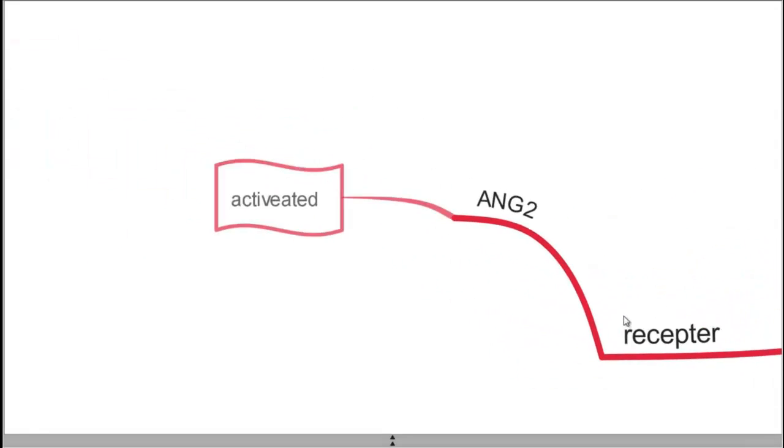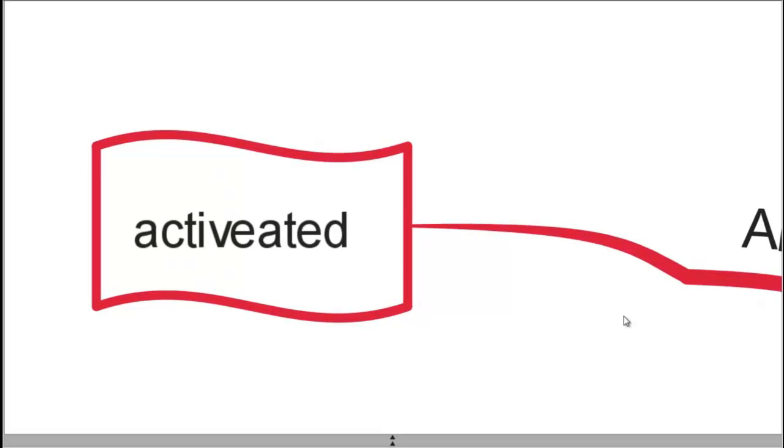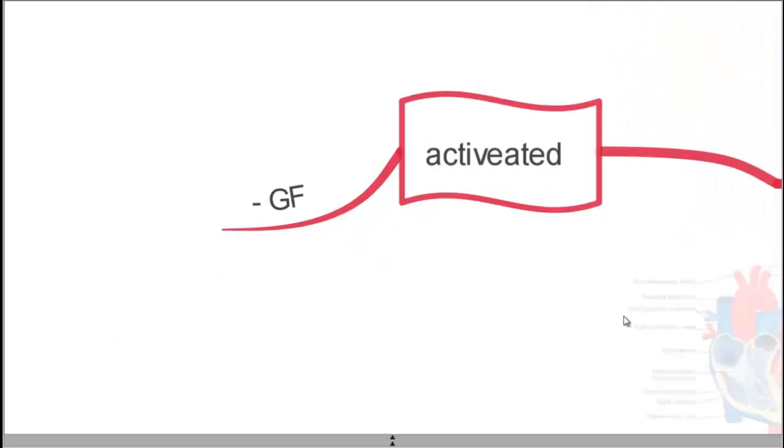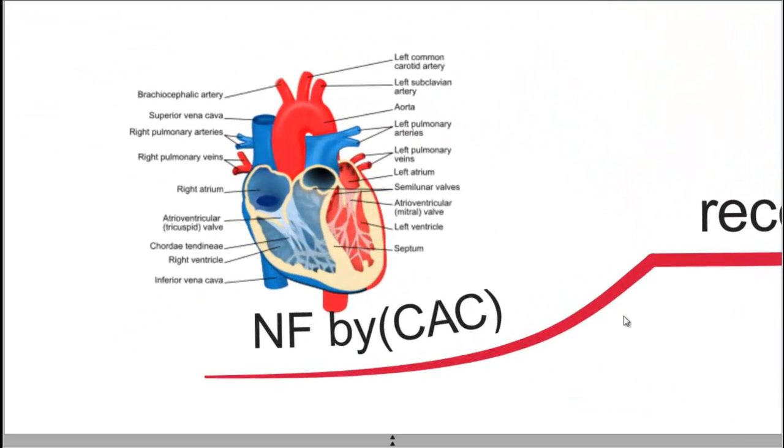Angiotensin 2, when activated, reduces the glomerular flow, and the second receptor is for natriuretic factor produced by cardiac atrial cells.